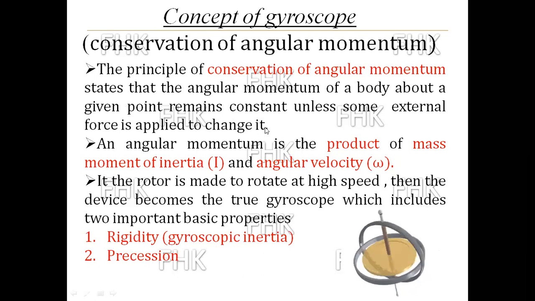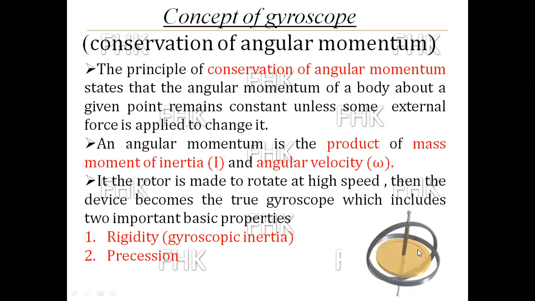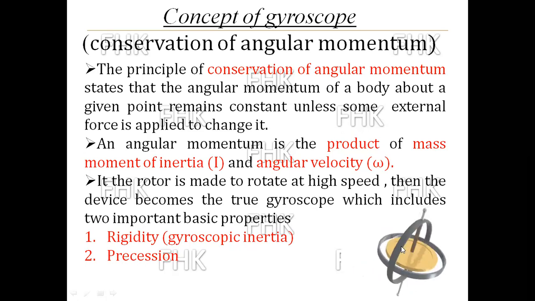That concept we can understand by the example of a rotating top or this rotating disc. This rotating disc is continuously rotating until some external force is applied on it.